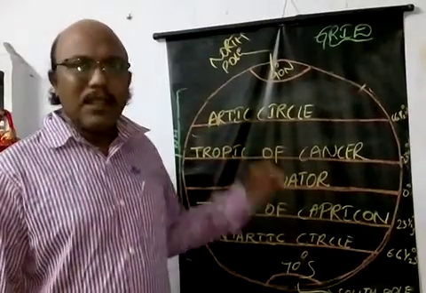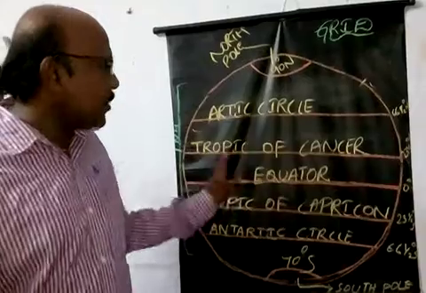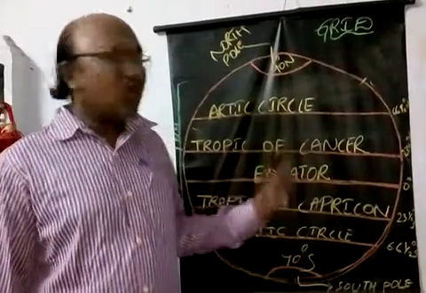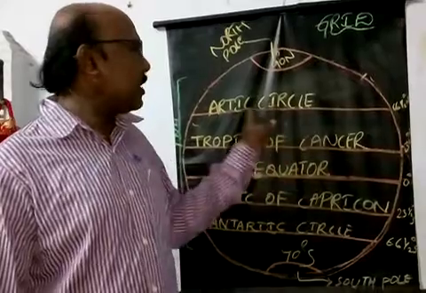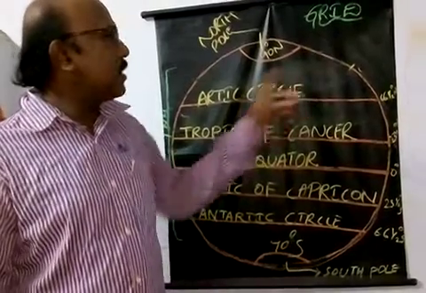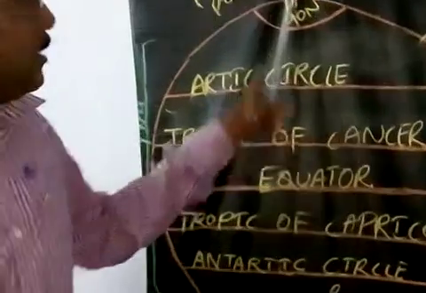Another thing is the designations of some important latitudes. 23½ degrees north latitude is the Tropic of Cancer, and 66½ degrees north latitude is known as the Arctic Circle. 90 degrees north is the North Pole.